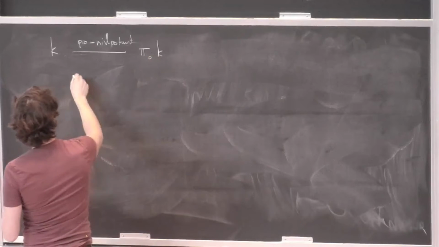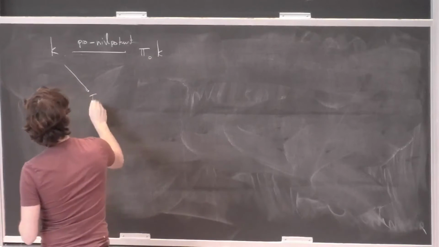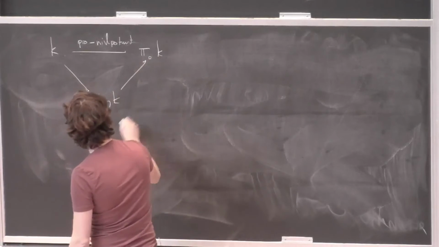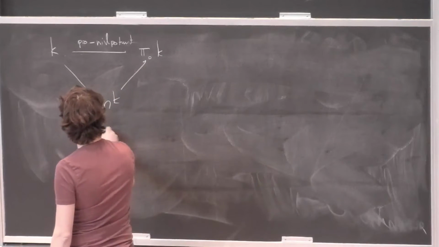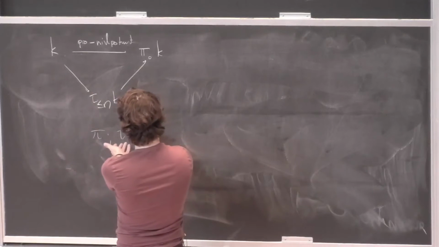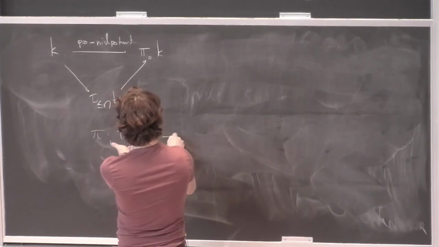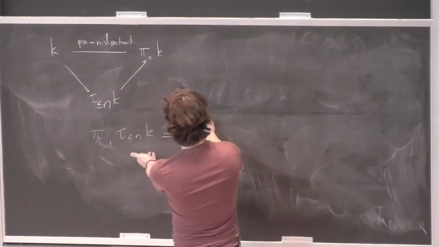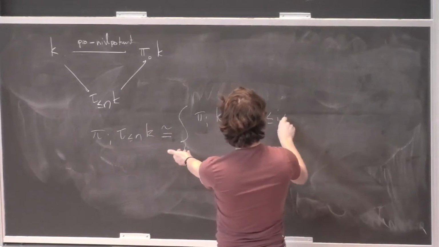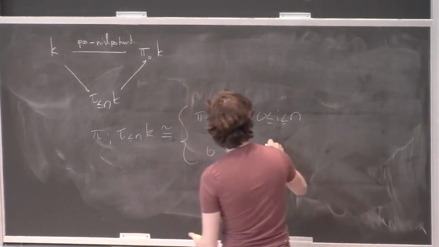Well, this factors through what I'm going to write tau less than or equal to n K. So this is a new simplicial commutative ring, and the property it has is that the ith homotopy group of tau less than or equal to n K is the ith homotopy group of K if 0 is less than or equal to i is less than or equal to n, and it's 0 otherwise.